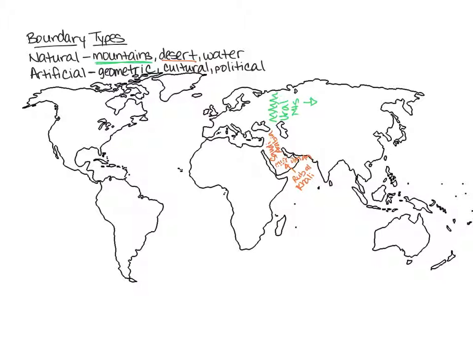And then for my water, I'm going to do that in blue. I'm going to do a couple of water borders, because you could have really, really big water borders like over where Australia is.